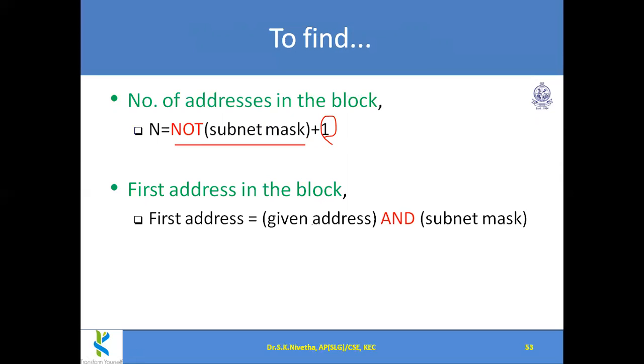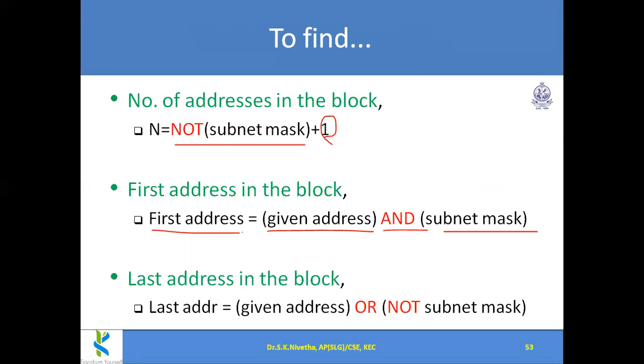First address in the block, given the address and subnet mask. In binary representation, if I do this, then I will get the first address. Previously, we made the last 32 minus n bits 0 to find the first address. The same thing we are achieving through the subnet mask.